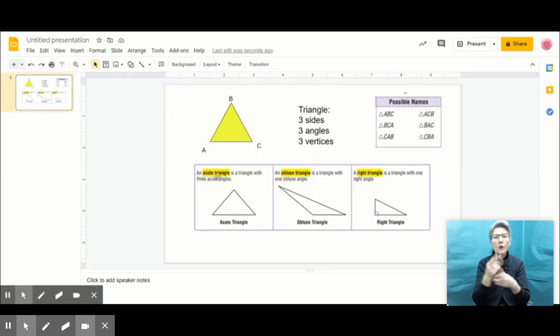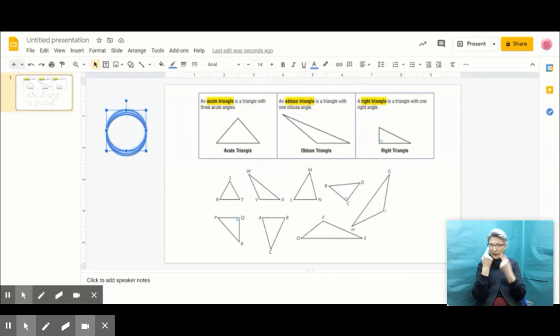We have acute triangles, obtuse triangles, and right triangles. I want you to read the definition of each of those and think about, what do those triangles look like? What does that mean? Because in a minute, we're going to come back to this video and we're going to identify and classify some triangles together. So go ahead and pause your video here.